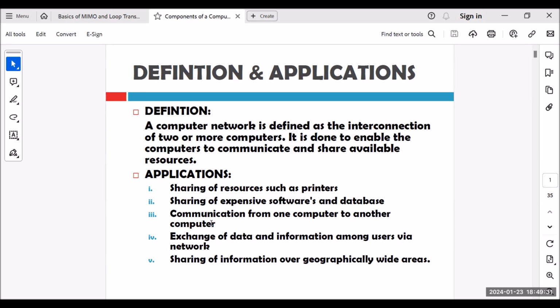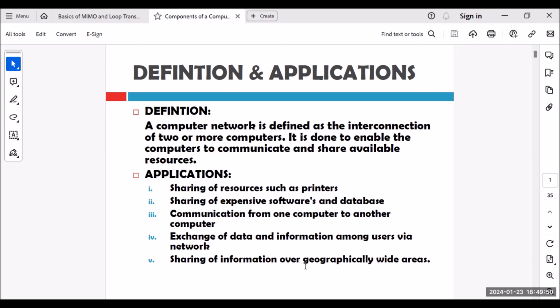So the query should be displayable to a number of computers, and then one of the computers needs to handle that. So obviously, you need to have some kind of computer networking between the computers. Point number four is the exchange of data and information among users via network. Obviously, this is related to point number three.